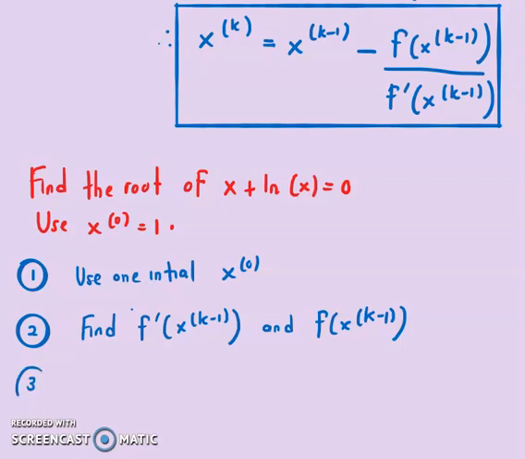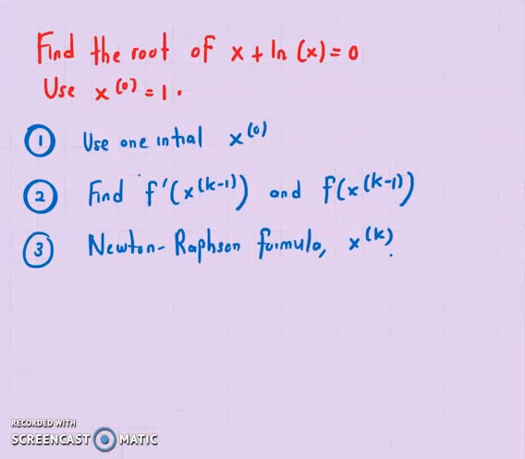And then we use the Newton-Raphson formula to find xk. Okay, these are the 3 steps you need to work on. So I'll just show you a simple example for this one.